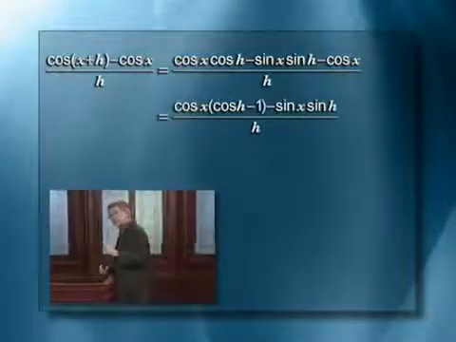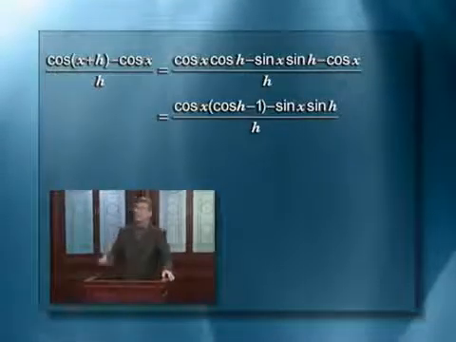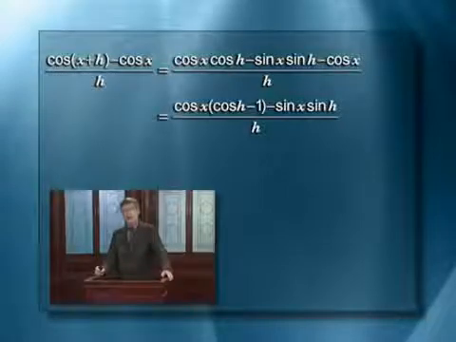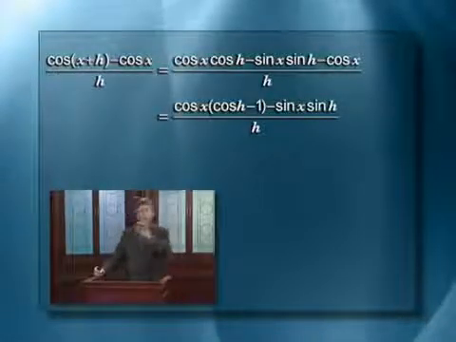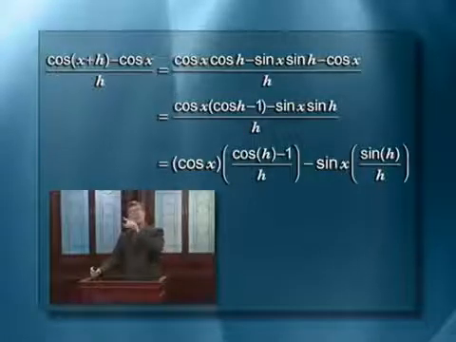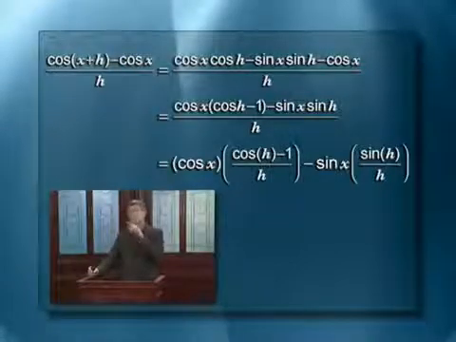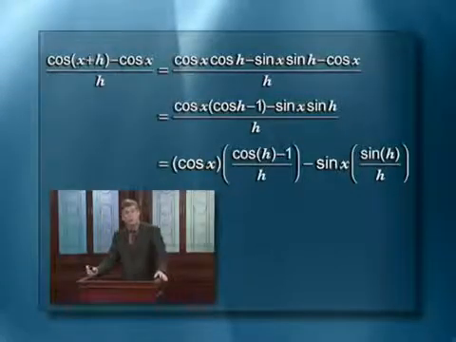So it's cosine x times the quantity cosine h minus 1, and then the other term is minus sine x times sine h. And now do some more factoring. It's cosine x times the expression cosine h minus 1 over h, and then minus sine x times the expression sine h over h.